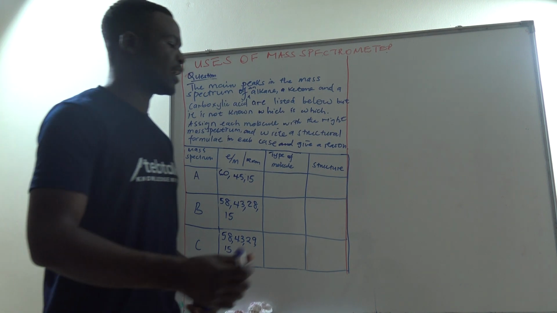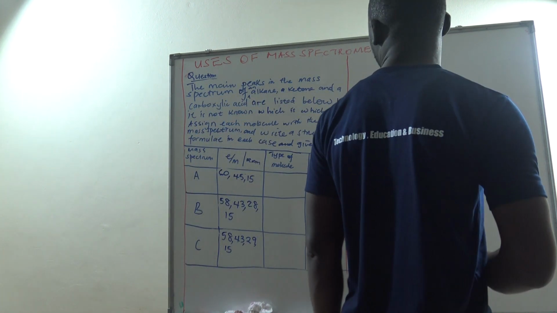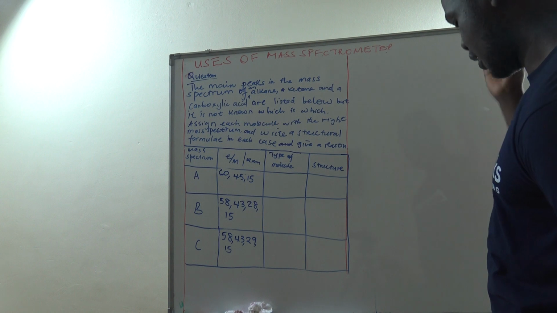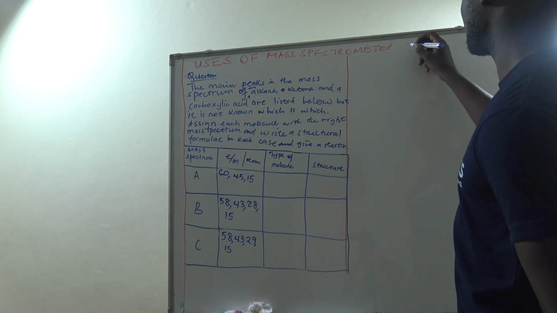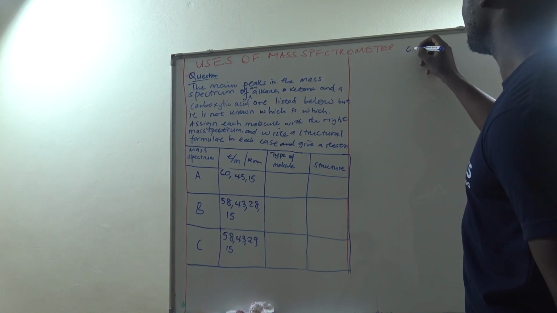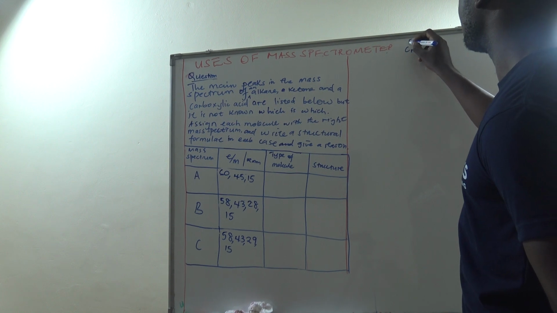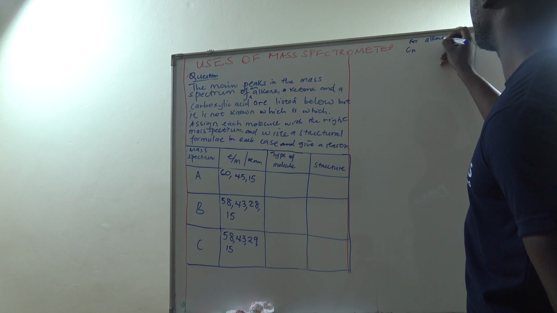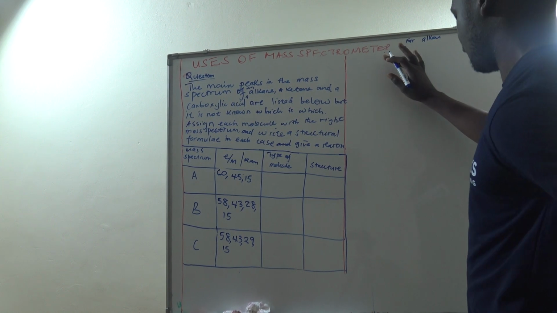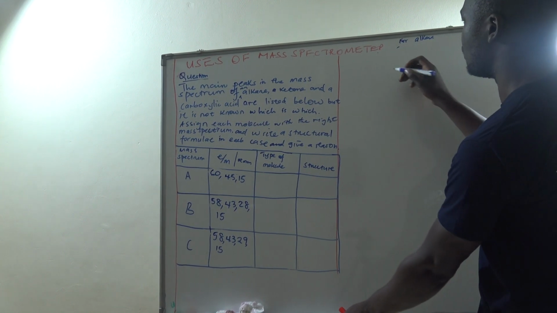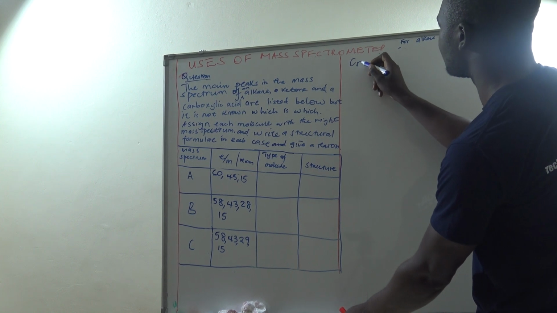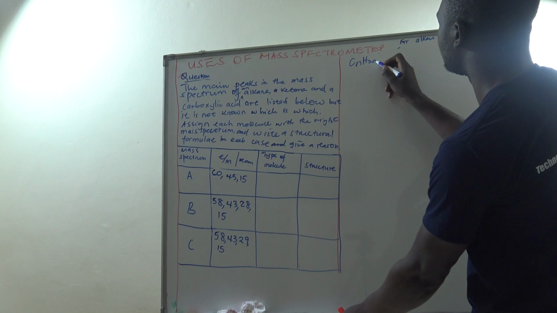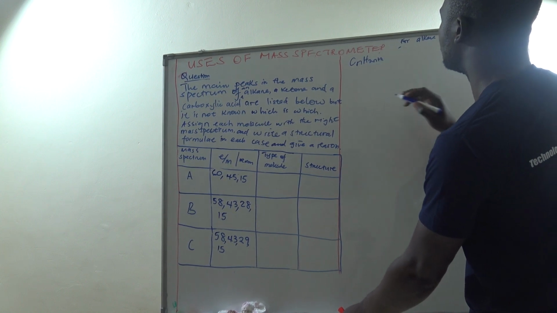Now, if we can list the compounds which we have, one, we have an alkene. Alkenes conform to the general formula CnH2n.